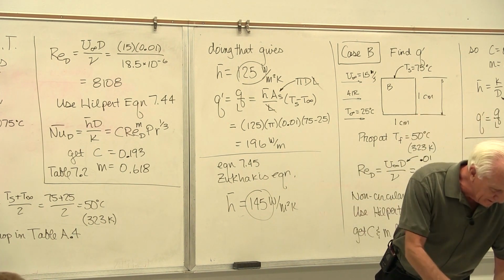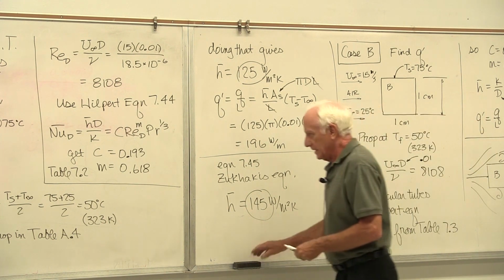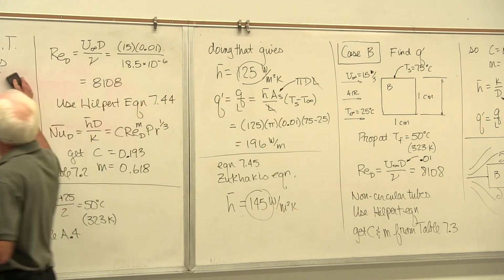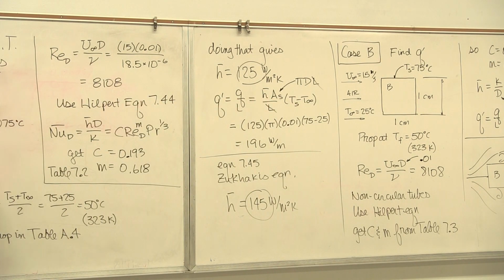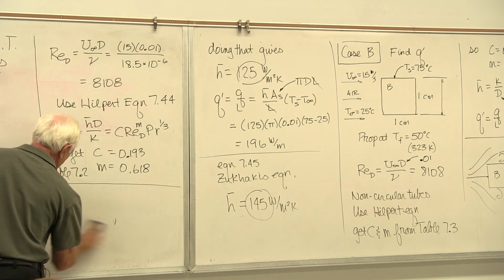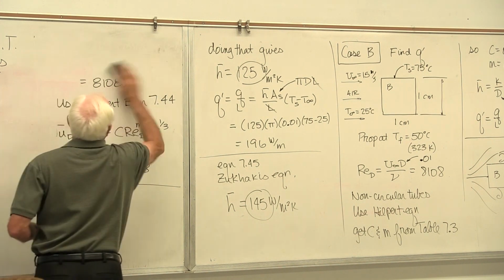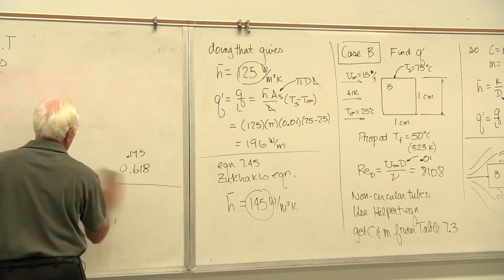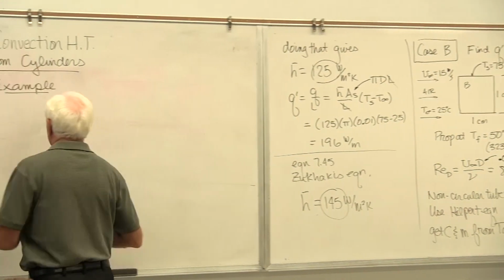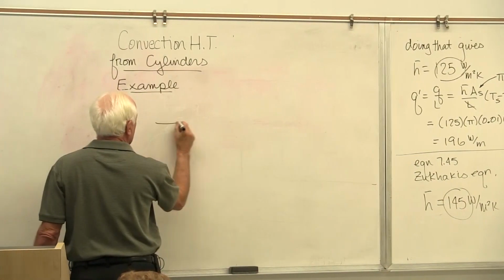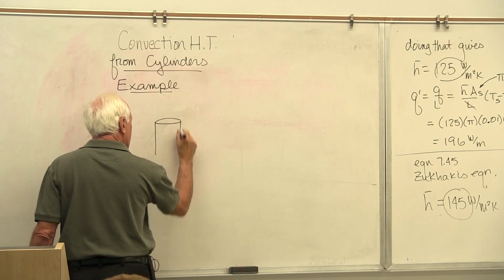Now, this example is going to be a pin fin. Let's see, from cylinders, example, okay, pin fin. So I'll give you the picture. There's this circular pin fin attached to a base material.